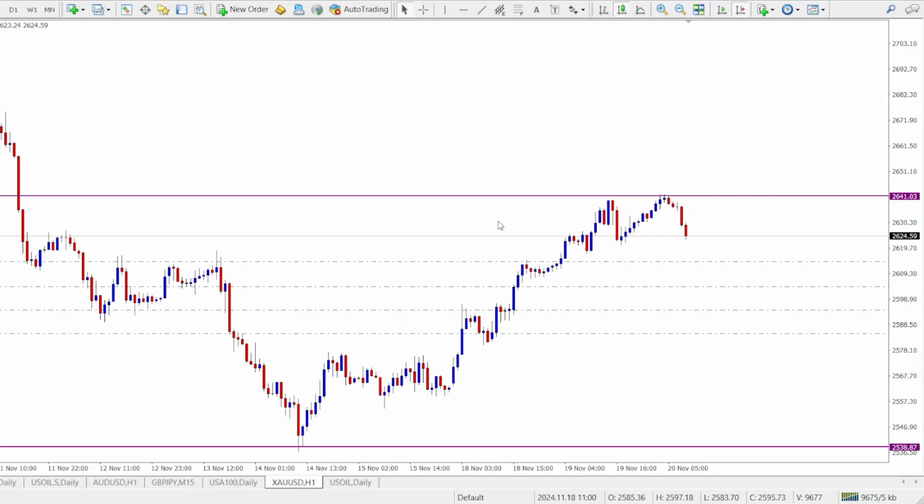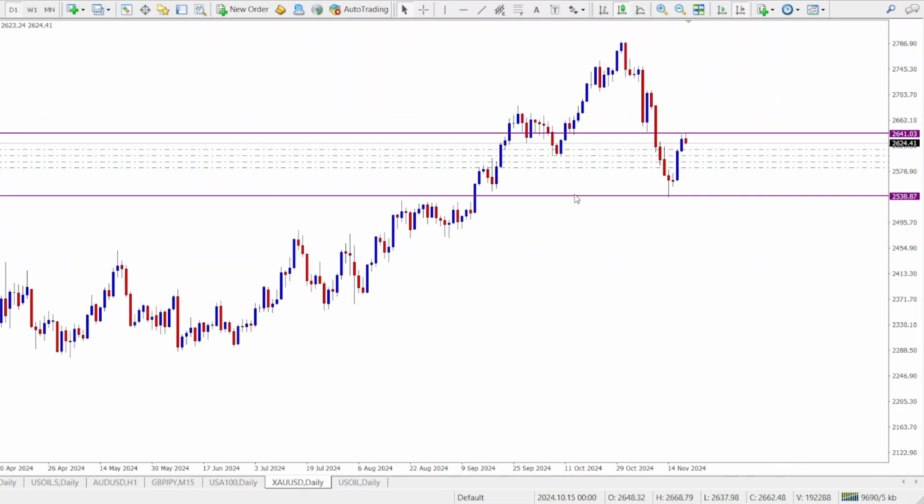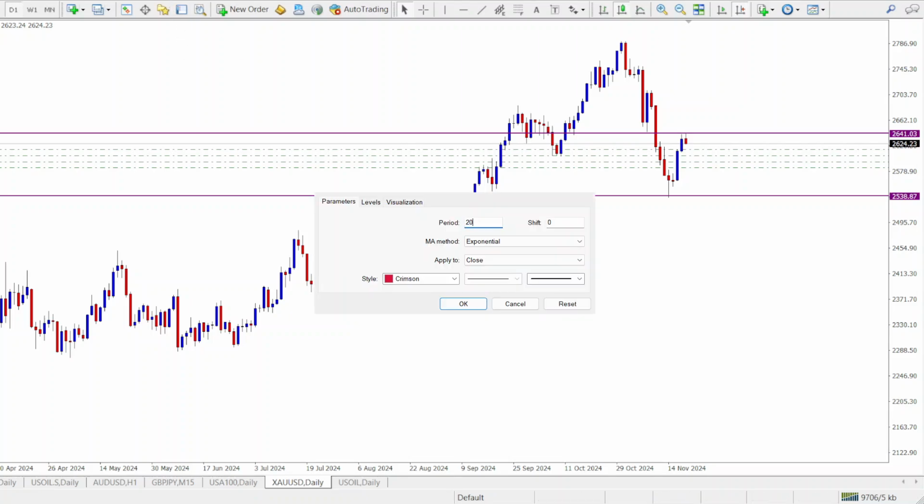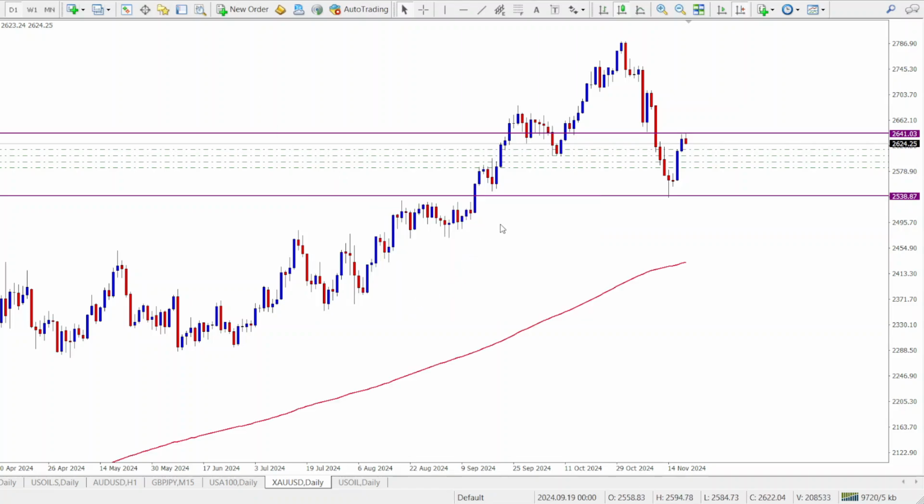So having identified the direction of the trend, and if we go to a higher time frame, we will notice that gold is still in an overall bullish trend. We can even use a higher time frame indicator to confirm that. So this is the 200 EMA, and we can confirm that gold is still in a bullish trend.